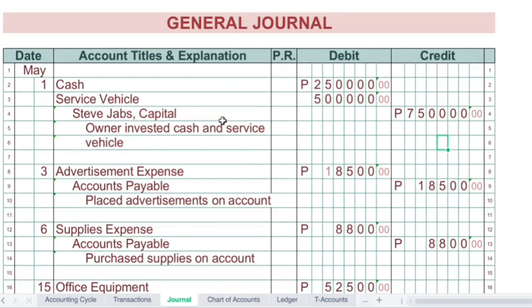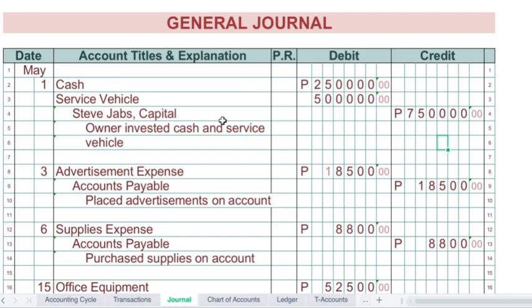Okay, so after recording the transactions on the general journal, then ipopost na natin siya sa ating ledger. So what is a ledger? Okay, so when we say ledger, it is referred to as the book of final entry.